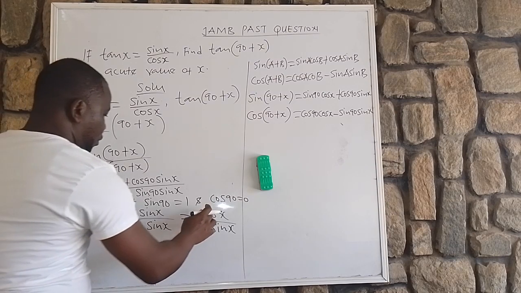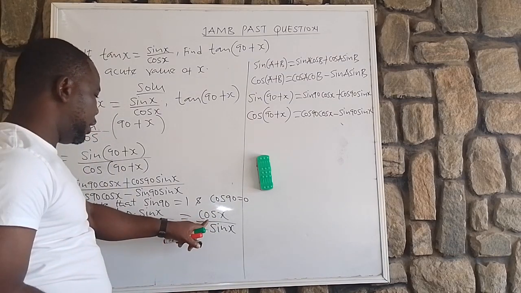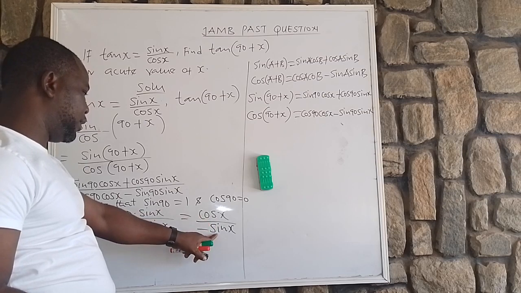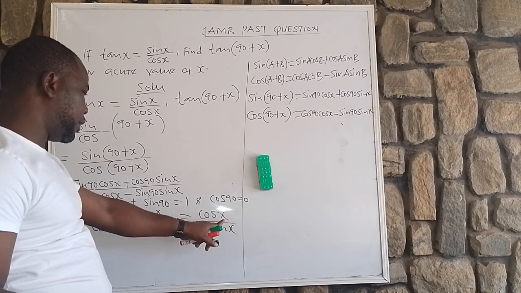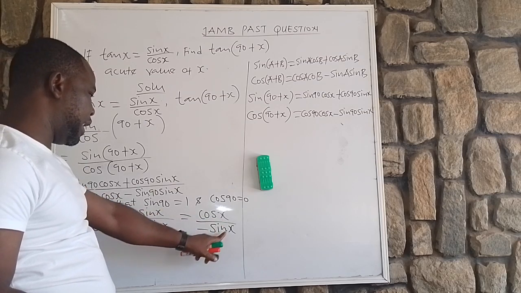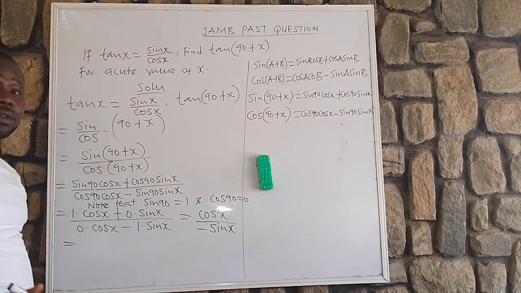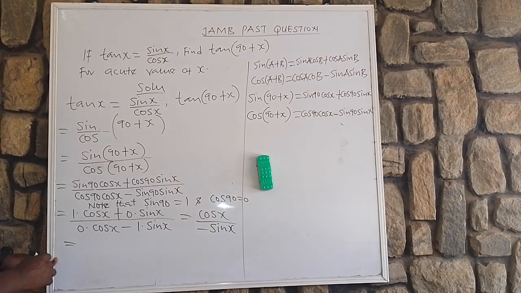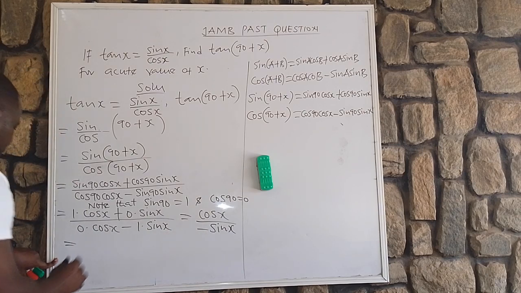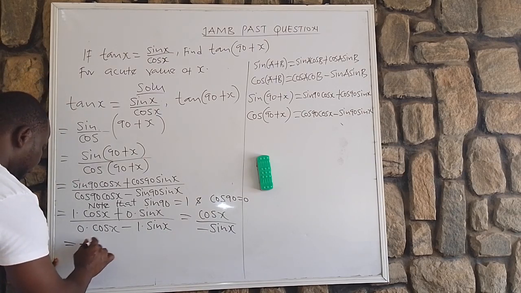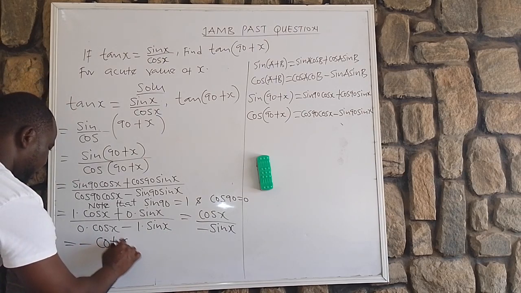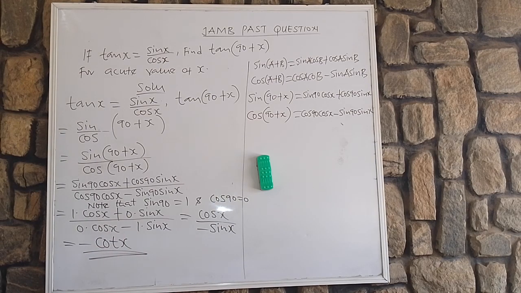So the whole thing will now be, go back to your trig. This is cos x divided by sine x, which is going to give you cot x. Is that clear? But note that there is a minus sign here. So here we are going to have minus cot x. This is the answer.